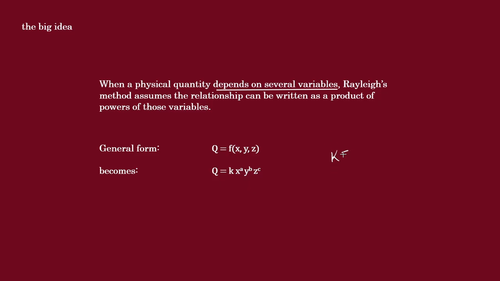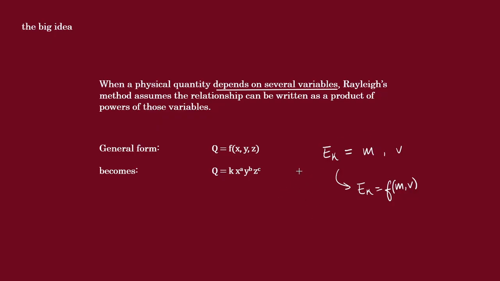Let's say the kinetic energy of a body, from experience, we know that it depends on mass and velocity. But let's assume that for the purpose of this example, we don't know the exact formula. So Rayleigh's method assumes that the kinetic energy of that same body is going to be a function of the mass and velocity, where these are products of each other.